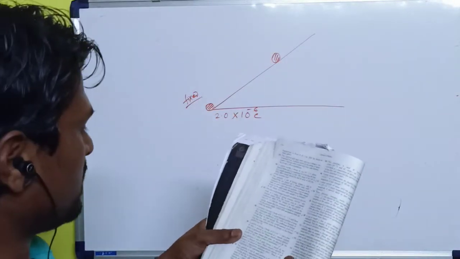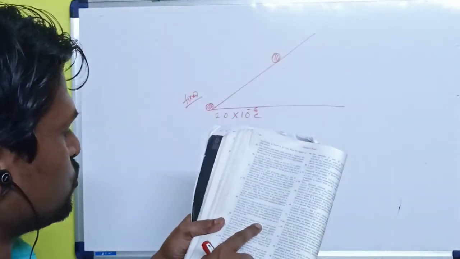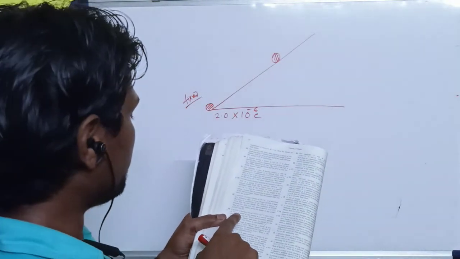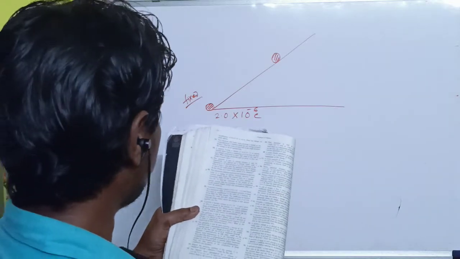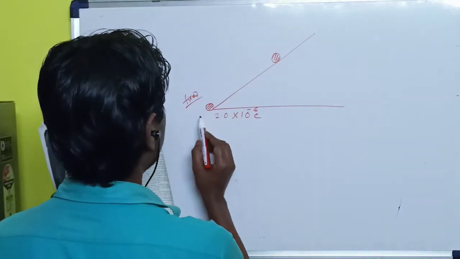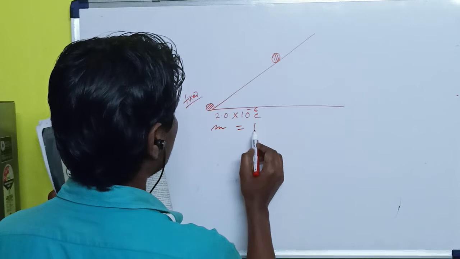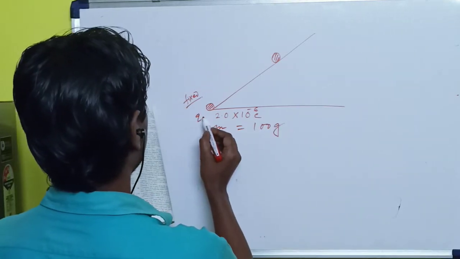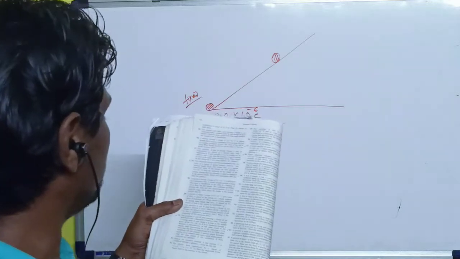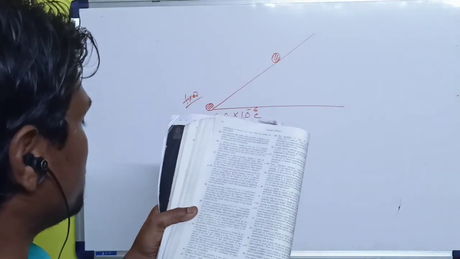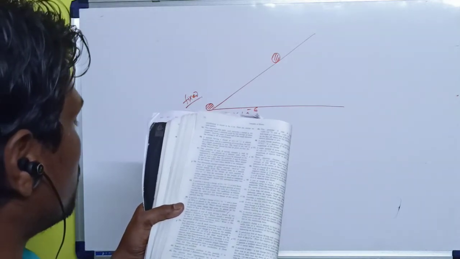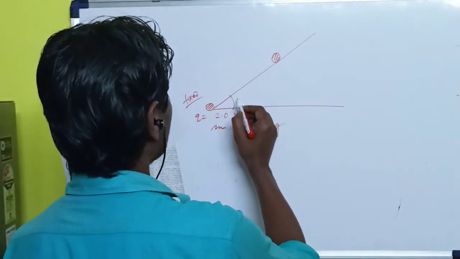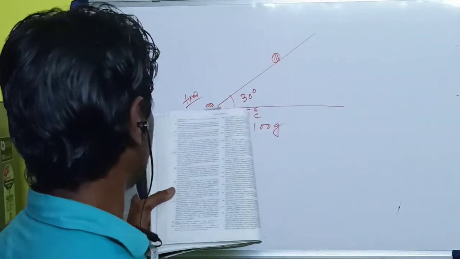A particle having a charge 2 into 10 to the minus 6 coulomb and a mass of 100 gram is placed at the bottom of a smooth inclined plane of inclination 30 degree. So the inclination is 30 degree.